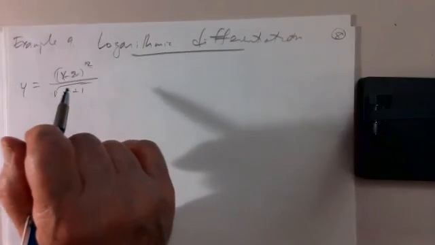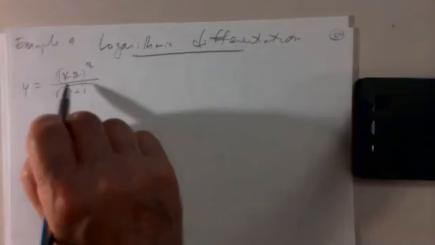So suppose we have a slightly complicated looking function like y equals x minus 2 squared over square root of x squared plus 1.